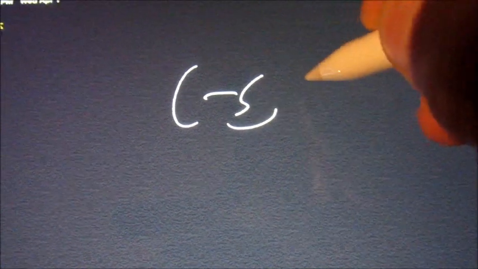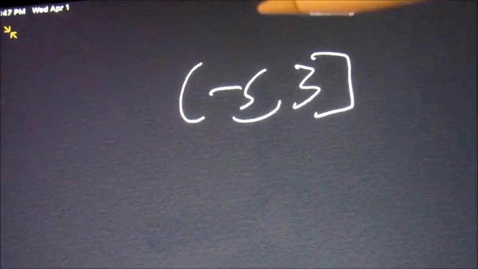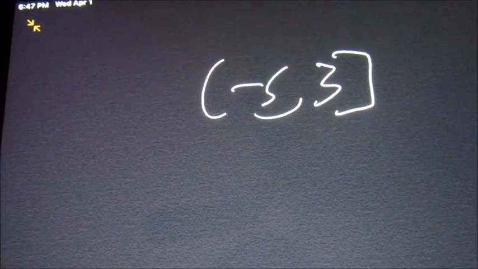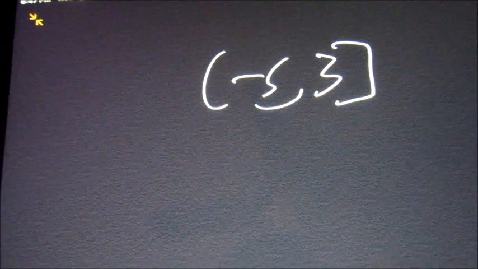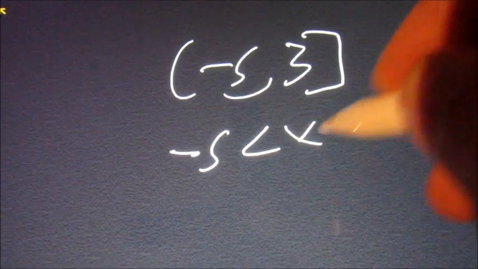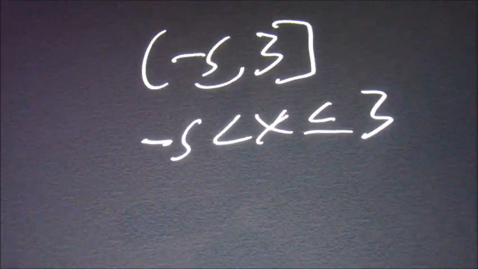Now you may also have some where you have something like, in parentheses, -5, 3, and then a bracket. So that means it's everything that's greater than -5 and less than or equal to 3. So the way to write this would be -5 is less than x, which is less than or equal to 3.